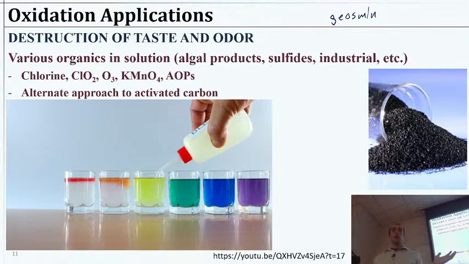Maybe it has no impact on health, not much of a thing, but it smells or tastes bad, right? So a lot of times we'll apply some oxidant to try to transform those molecules, see if we can mineralize them or at least transform them in a way where they are no longer a bother. Of course, we could often use activated carbon like we talked about before. So an oxidation approach would be an alternate to that.